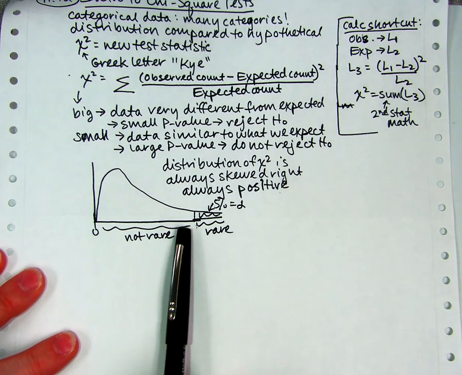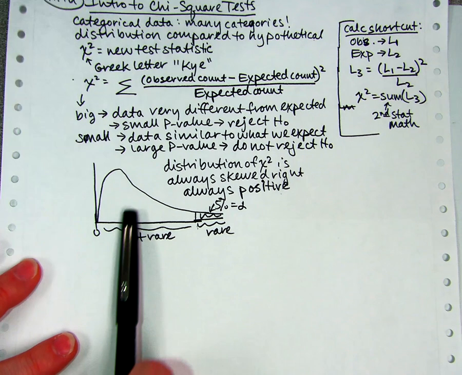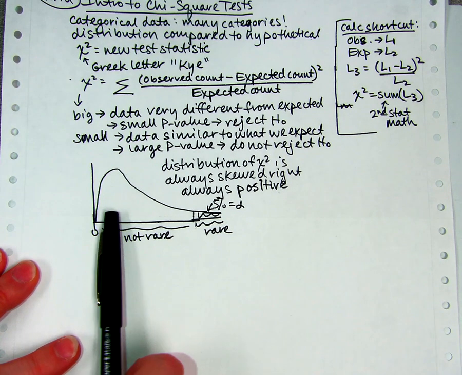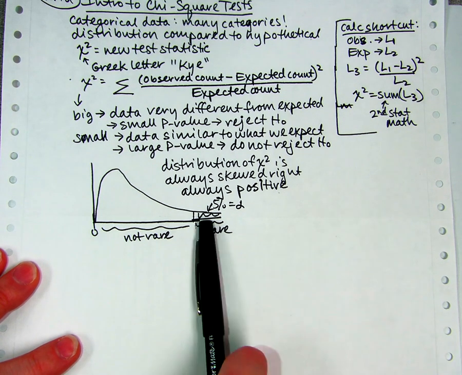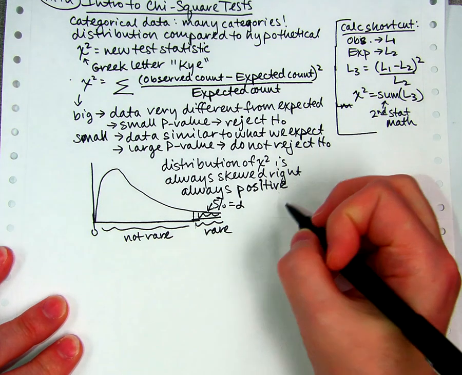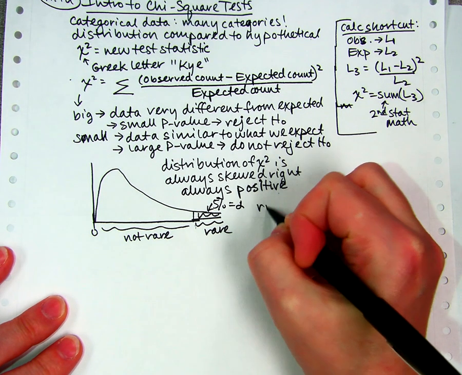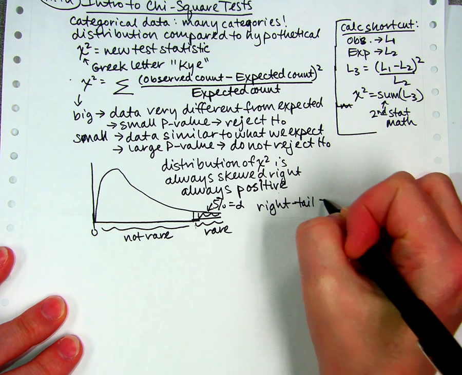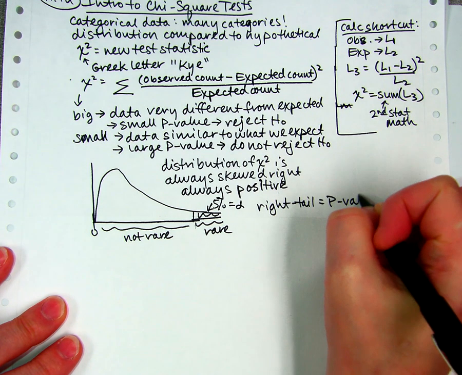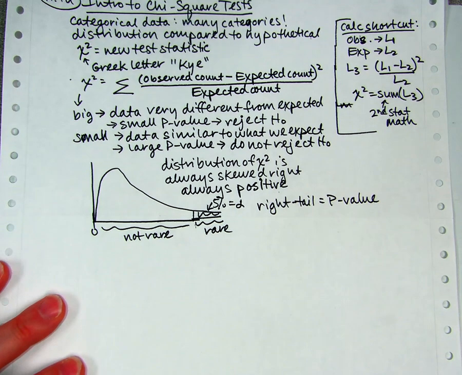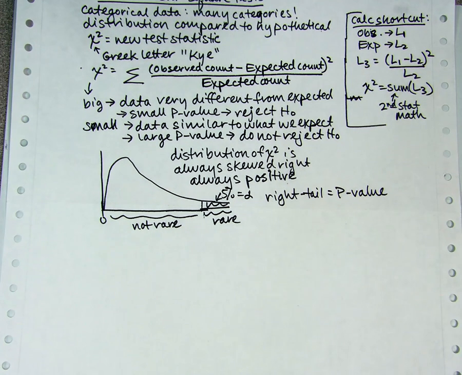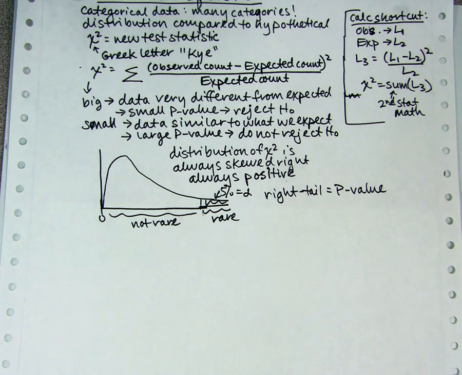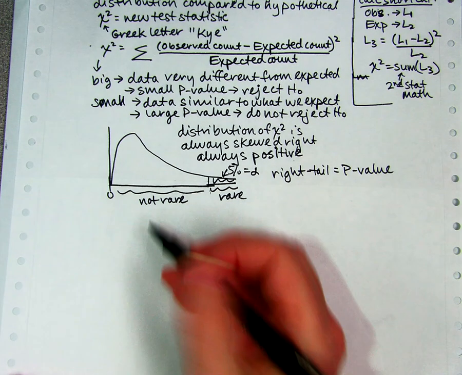So if the data is reasonably close to the expected count, that's common, but if it's way over here, that means something weird is happening. So it is a right-tailed test. That right-hand tail is the p-value that we're calculating. And we'll use our p-value the same way we've used them before to reject if you have it smaller than 5%. So that's what the graph looks like if you're looking at chi-squared.